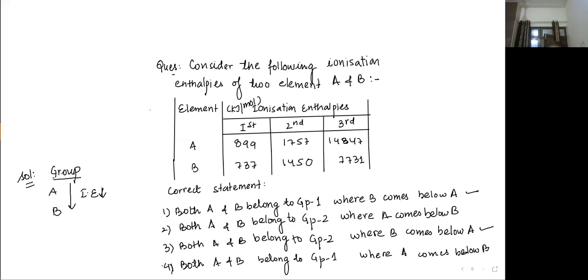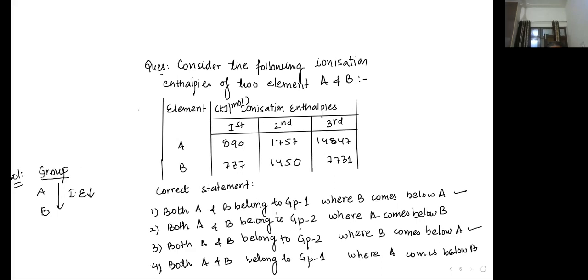Okay. Now tell me, for this group, removal of the first electron requires around 900.